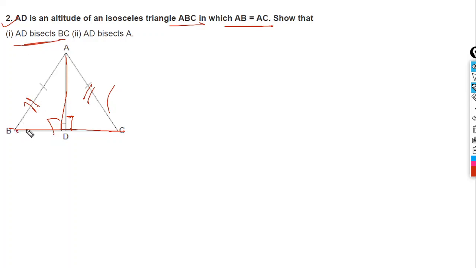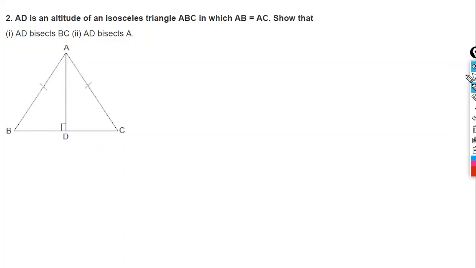We have to prove that AD bisects BC, that means BD equals CD. AD also bisects angle A, that means angle BAD and angle CAD are equal. This is what we have to prove.